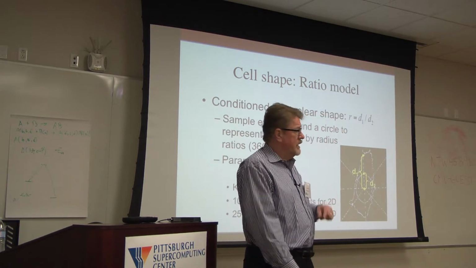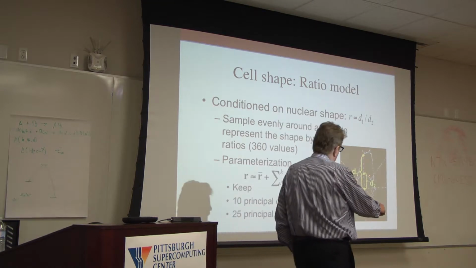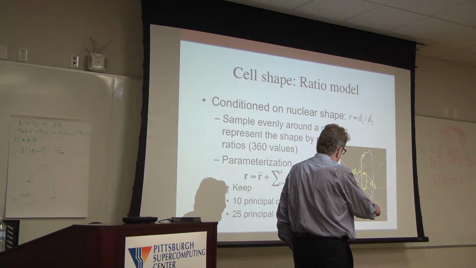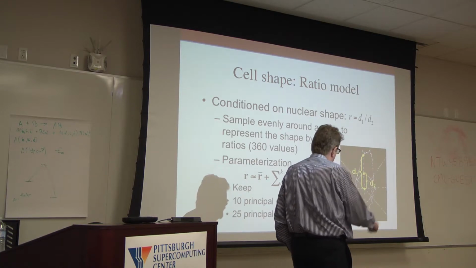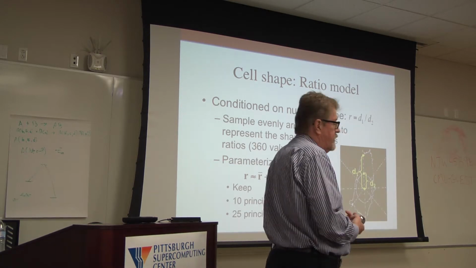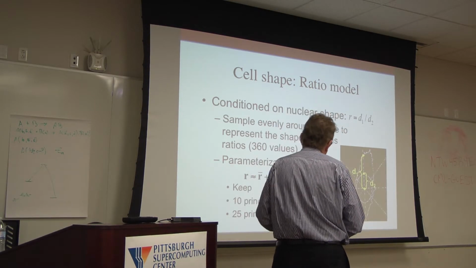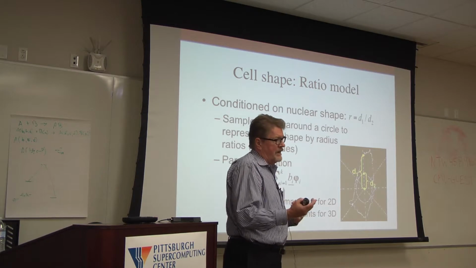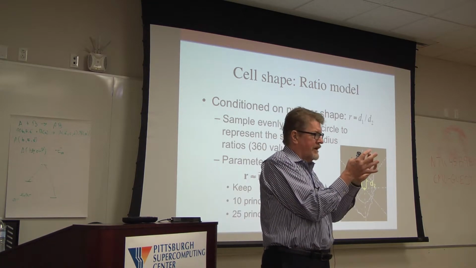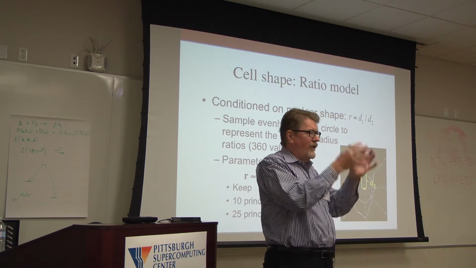Well, I could just build a ratio model of the distance from here to here versus the distance from the nucleus to here. Do that over 360 degrees. That would be a ratio model that is capturing that dependency. And that would prevent me getting a nucleus too big for the cell, because I would always be constructing the cell around the nucleus.